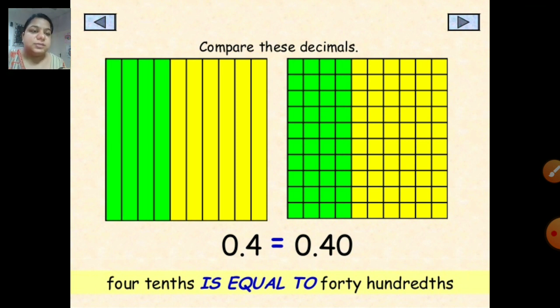You can see in the picture both are the same. These are 4 strips and each strip represents a tenth part. So 4/10 is equal to 40 hundredths. So 0.40 or 0.4, both are the same.